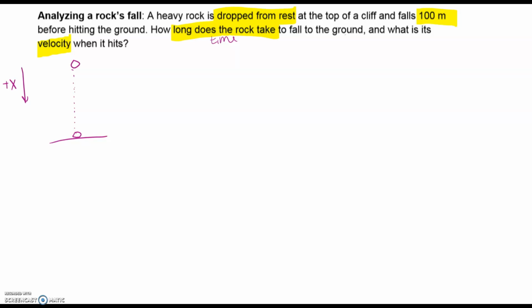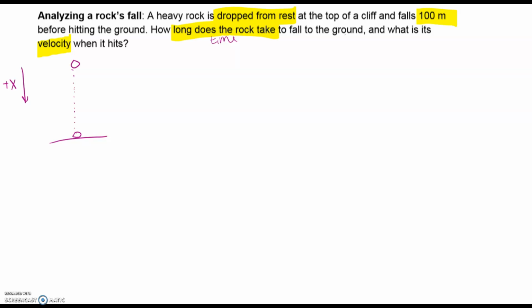Typically when a problem says what's the velocity when it hits, it really means the velocity the moment before it hits the ground. Otherwise the problem's pretty trivial because the rock's going to come to rest, so the velocity would be 0. So that's not what it's asking for.